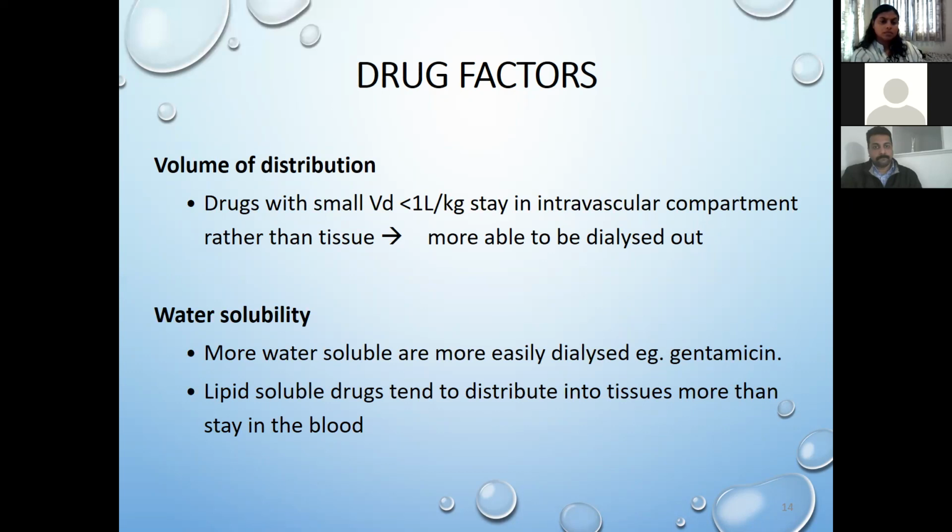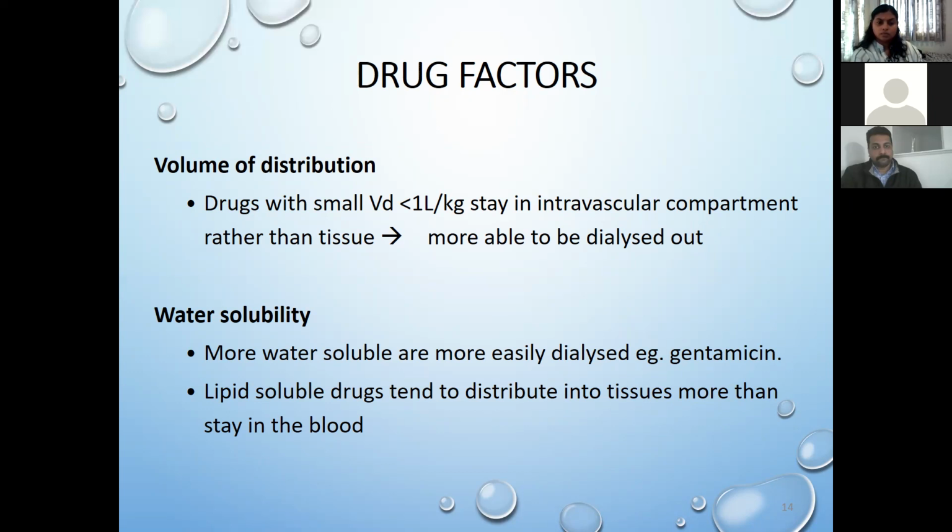Drugs with a large volume of distribution tend to be highly tissue bound and lipid soluble, such as your diazepam, your benzodiazepines. And this means that only a small amount of this drug is present in the blood and therefore available for clearance. For intermittent hemodialysis, only small fractions of drug with a high volume of distribution will be removed.